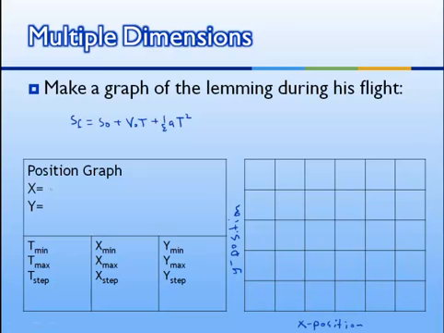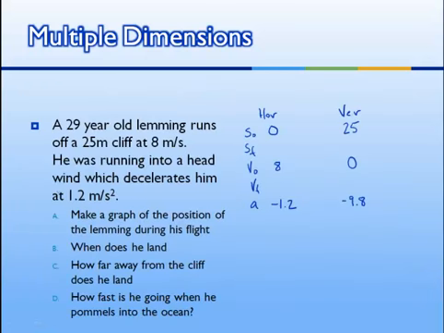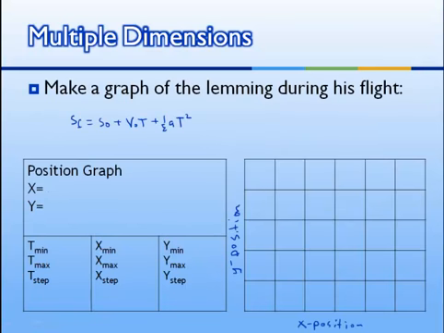For the x equals, our initial position was 0, our initial speed was 8, and our acceleration was negative 1.2. So we will say 0 meters plus 8 meters per second times time. Remember, we're going to need a variable, plus 1/2 times negative 1.2 times t squared.